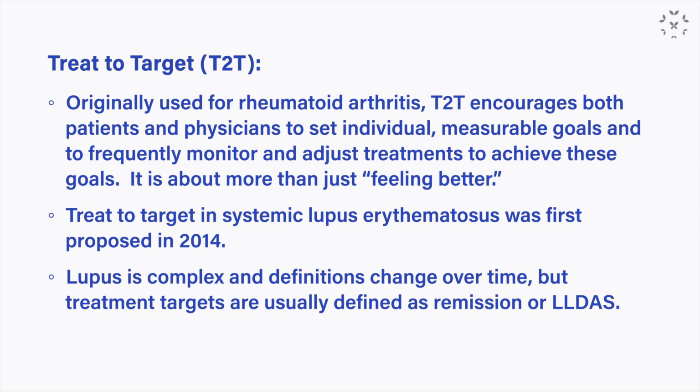And so because of that, in 2014, a group of lupus experts led by Dr. Van Vollenhoven published a report called Treat to Target in Systemic Lupus, and that started the path with lupus patients being treated better for their lupus.